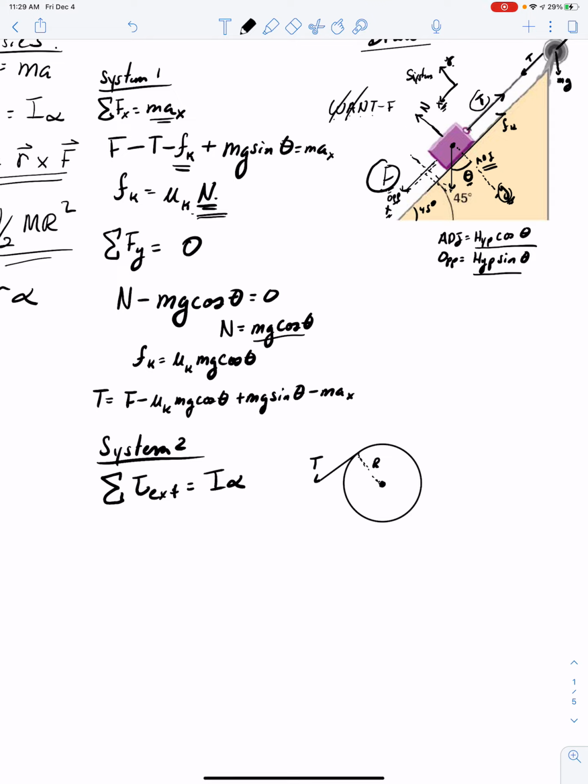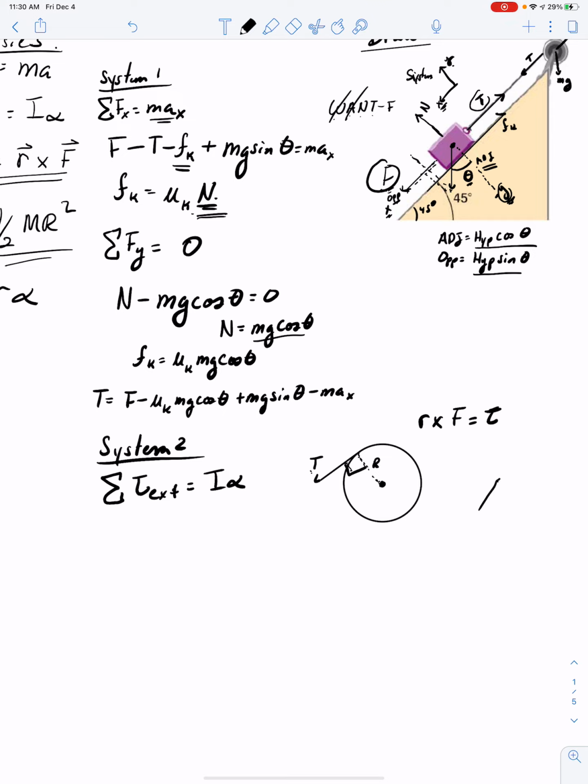This is where the R cross F comes from to analyze torque. The torque itself needs to be perpendicular. It has to have a perpendicular relationship. So the vector of the force has to be perpendicular to the vector of the radius in order for it to work. In this scenario, we already have it set up this way as being perpendicular.